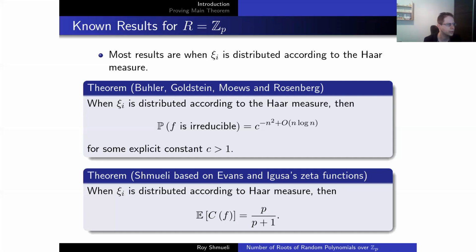From a result of Evans on the Igusa zeta function, it is possible to prove that such a polynomial has on average p divided by p plus 1 expected roots in the p-adic integers.